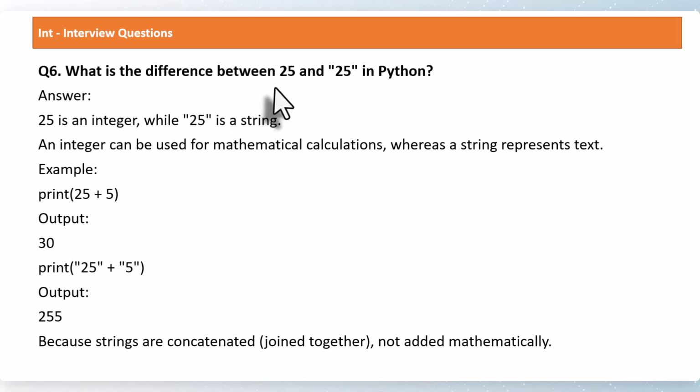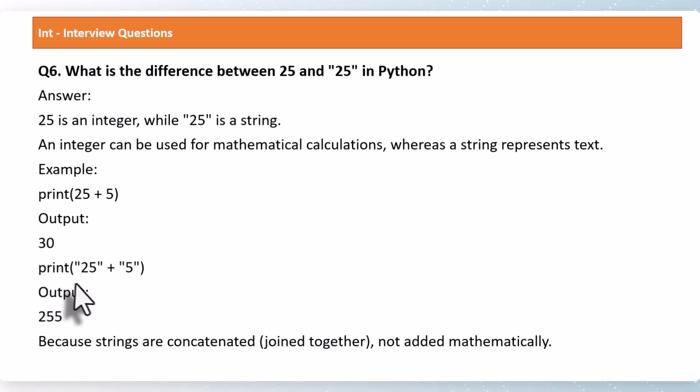What is the difference between 25 and double-quoted "25" in Python? Try to understand. If you don't give the quotation, it is considered as an integer, while double-quoted 25 is considered as a string. An integer can be used for mathematical calculation, whereas a string represents text. If I do print of 25 plus 5, it will produce the output 30.